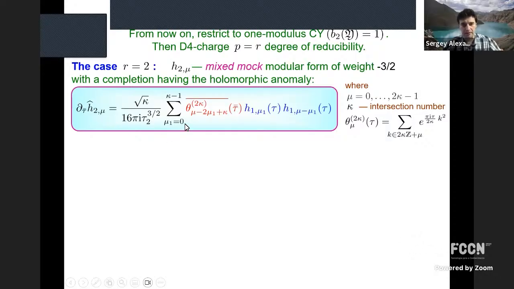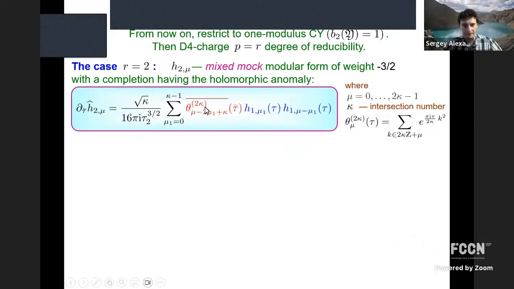And then the equation which I showed on the previous slide, if you take just the anti-holomorphic derivative of that equation, it's equivalent to this simple holomorphic anomaly equation for the completion of my generating function. And you see that the completion is essentially given by the product of two functions for the charge equal to 1, just because 1 plus 1 is equal to 2.